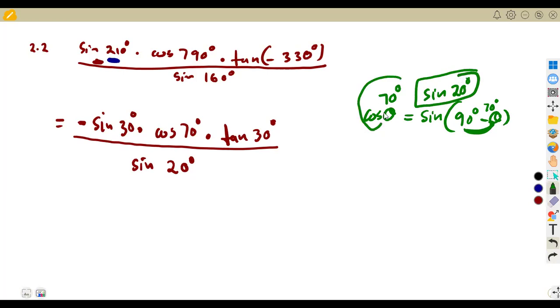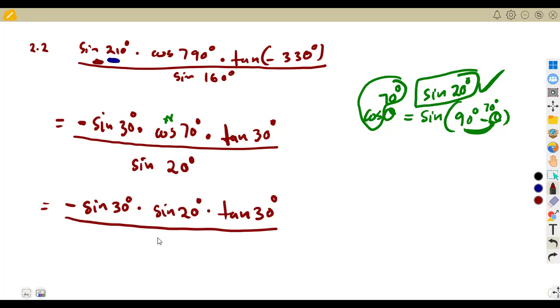If you use your calculator, you are going to see that cos 70 gives the same answer as the sine of 20. They are the same. So we are going to replace this with the equivalent, the sine of 20. So this is going to be minus the sine of 30 degrees times the sine of 20 degrees times the tan of 30 degrees, everything over the sine of 20 degrees.